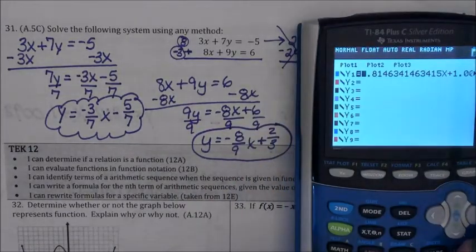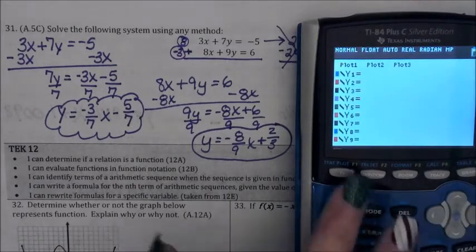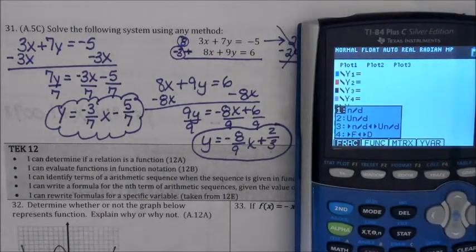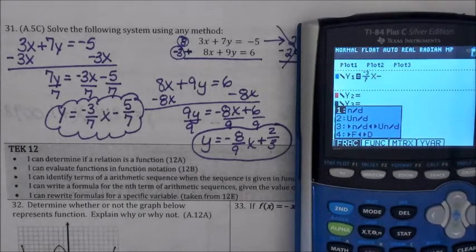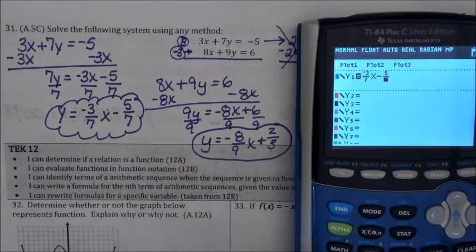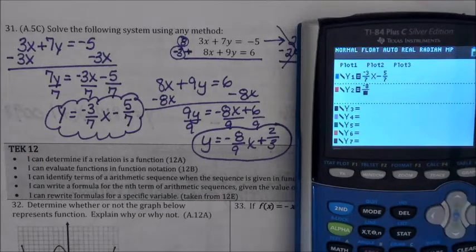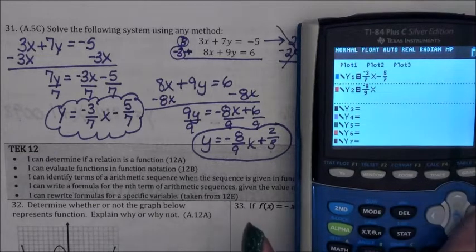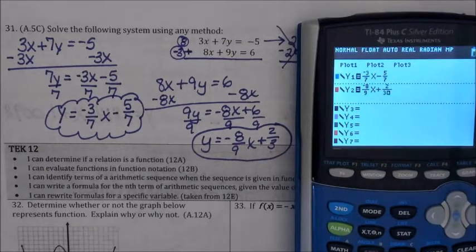Y equals. I'm going to do negative 3 over 7x minus 5 over 7 on this one. And on this one, y equals negative 8 over 9x plus 2 over 3.